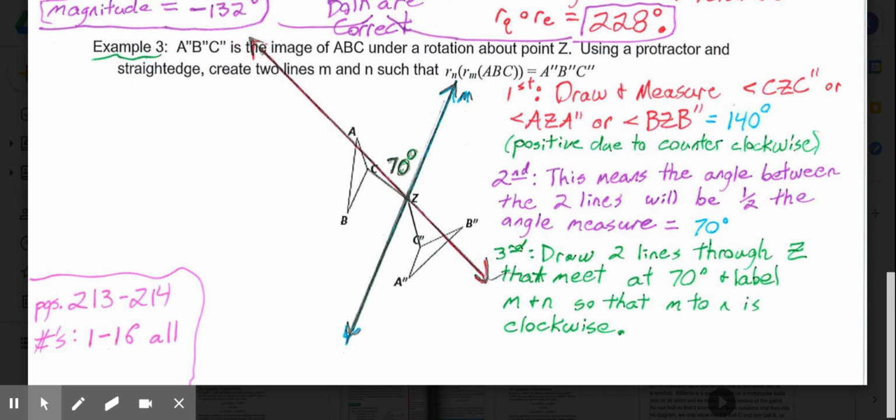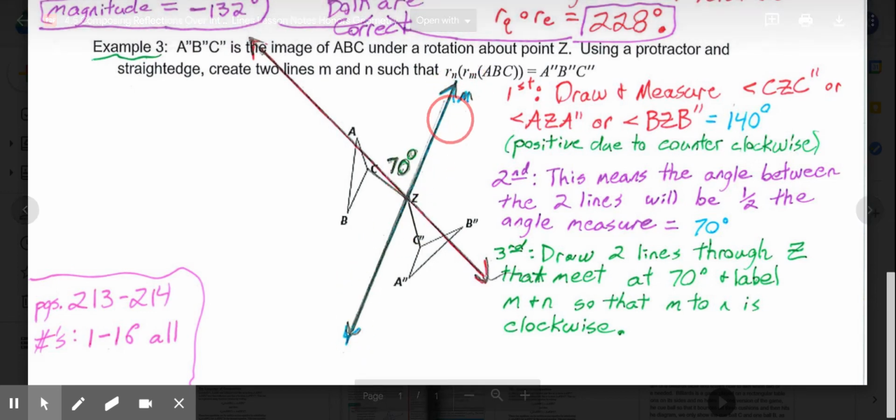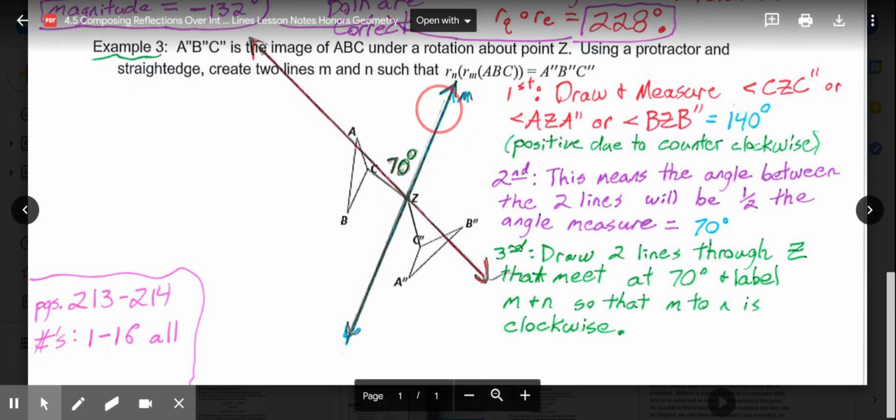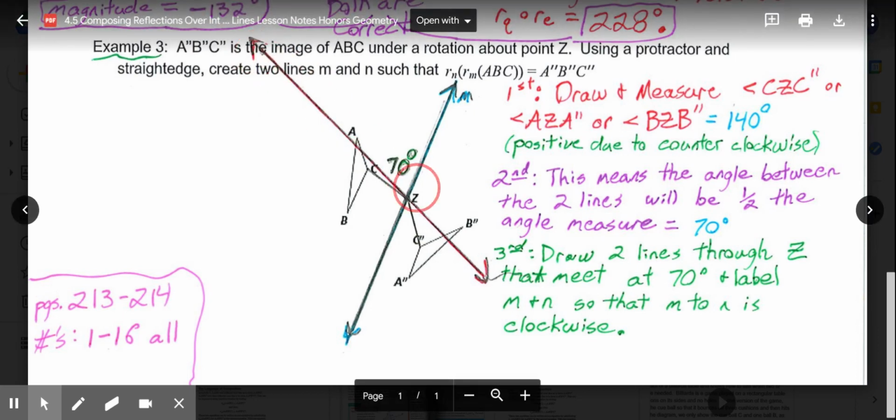Then it doesn't matter really how we draw our first line, so I would just draw in line M through Z. Now to get line N, I would mark a 70-degree angle centered at Z, bottom at M, put a point out here for the 70 degrees, and then draw a line through that point and Z to create line N, giving you your 70-degree angle.